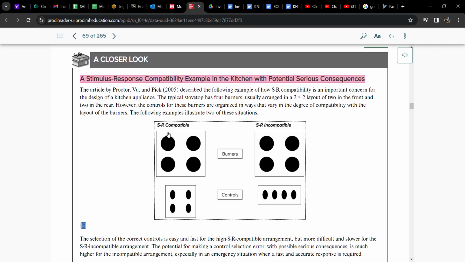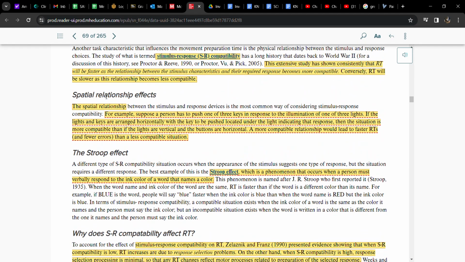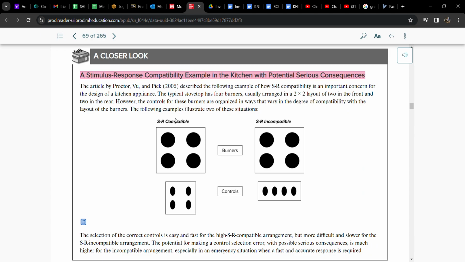So this is that spatial relationship effect right here. If the stimulus response compatibility is high, let's say your burners on your oven at home, you're going to see that your controls are the same as where the burners are, right? So you know that top left is here, you know the bottom right's here, versus in this example, which we often see on ovens and stoves, the controls are all in a line, but the burners are shown like this.